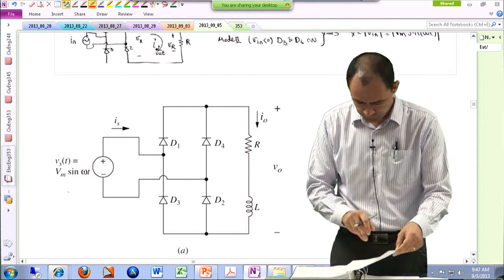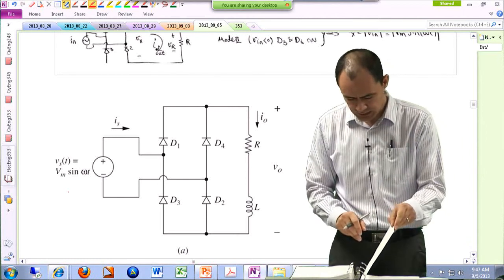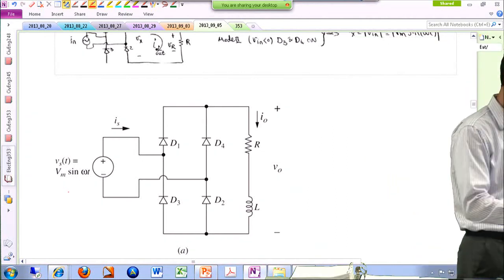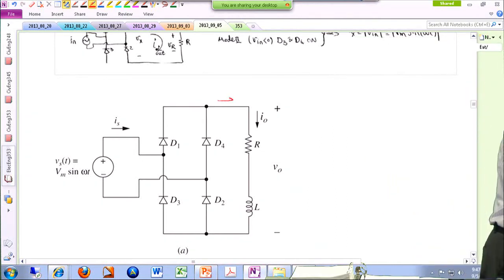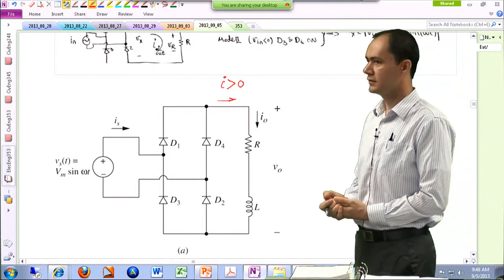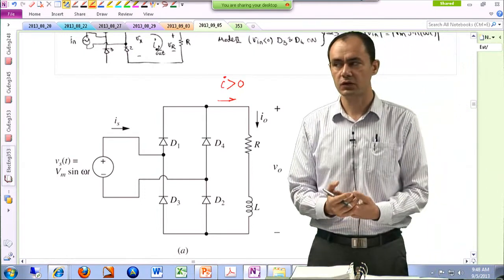I'm going to make an assumption. The assumption is that this current is continuous and always positive. It never gets negative and it never gets 0.